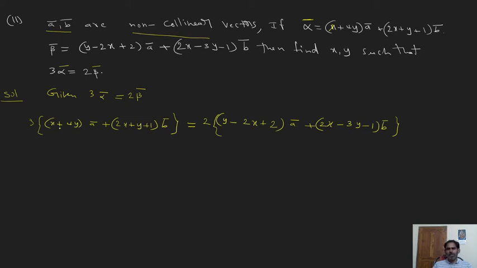A bar coefficients must be equal, and similarly both sides B bar coefficients are equal. Why? The cause is A bar, B bar are non-collinear vectors. Non-collinear means they must be linearly independent. Linearly independent means both sides should be equal. Otherwise, the scalar should be 0.